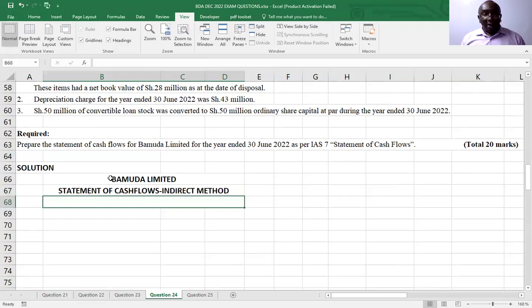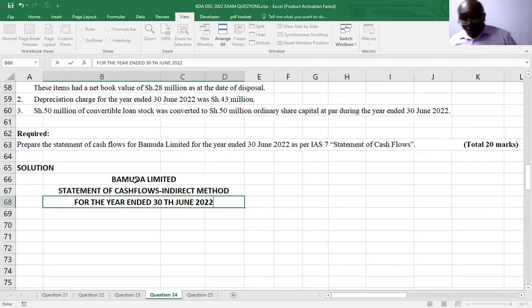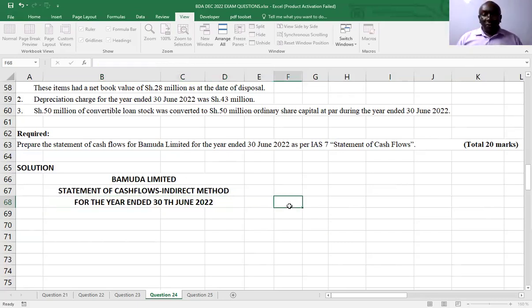Then the statement of cash flow, indirect method, and we are doing for the year ended 30th of June 2022.